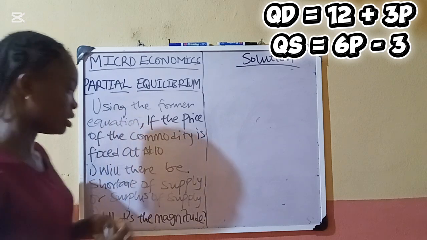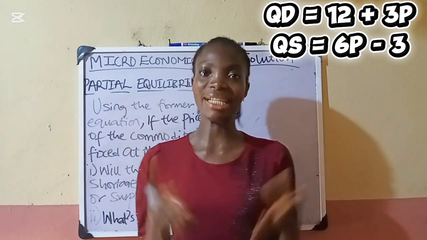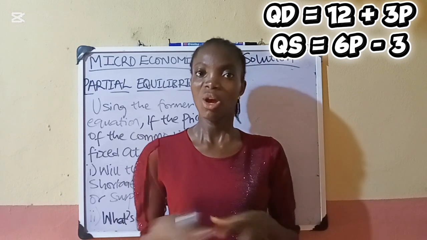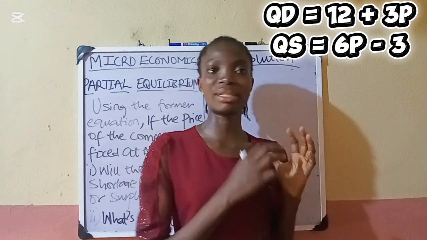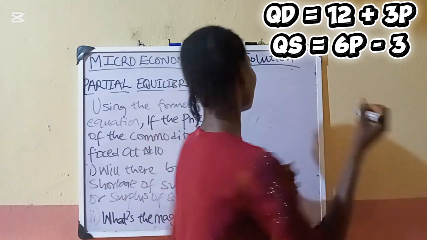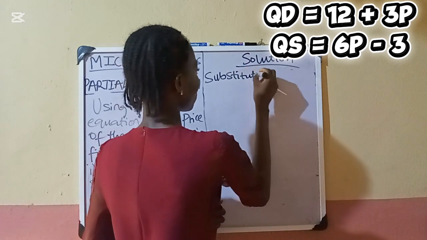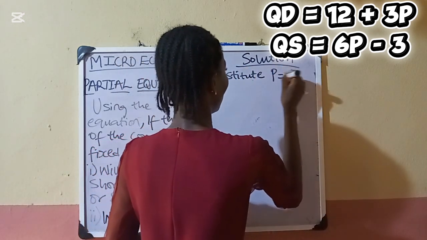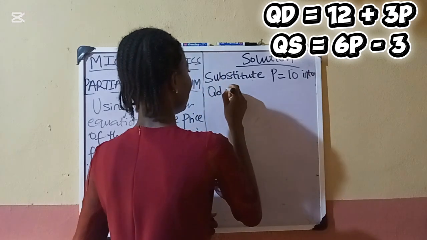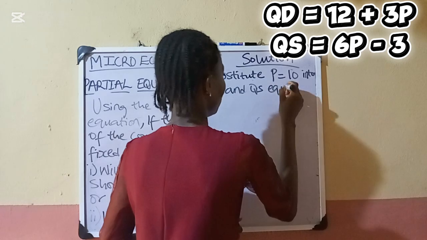Now, solving for it, what we do is, our given price here is 10 naira. So we substitute the value of our fixed price, which is 10 naira, into both the quantity demand equation and the quantity supply equation. So we substitute P equals 10 into our quantity demanded and quantity supply equation.